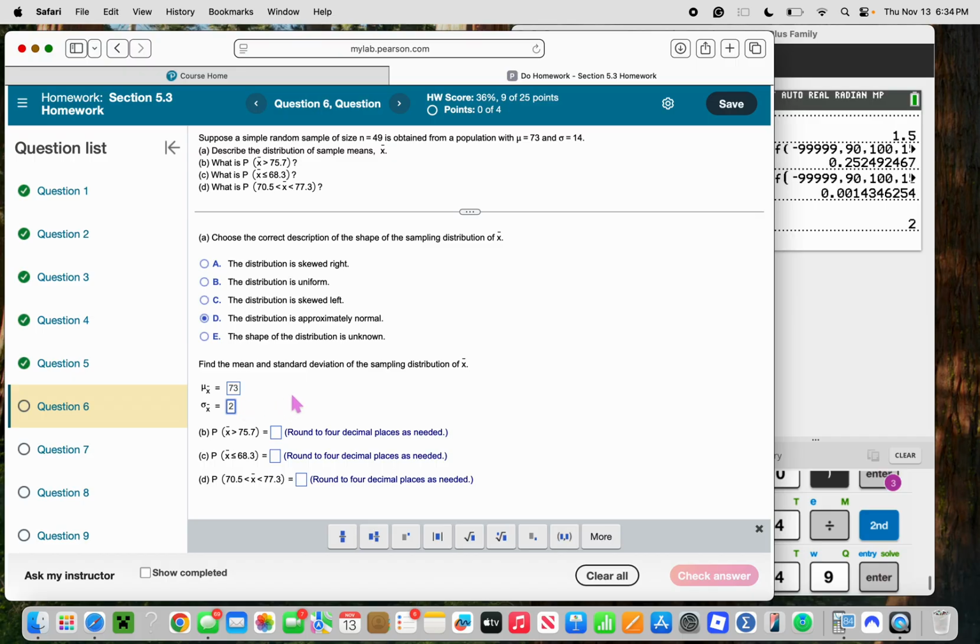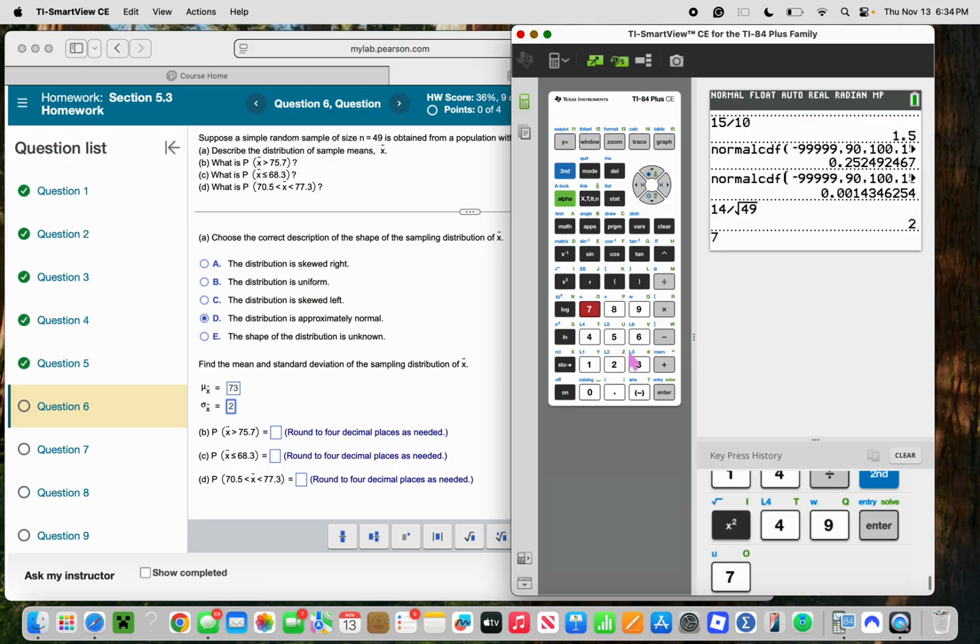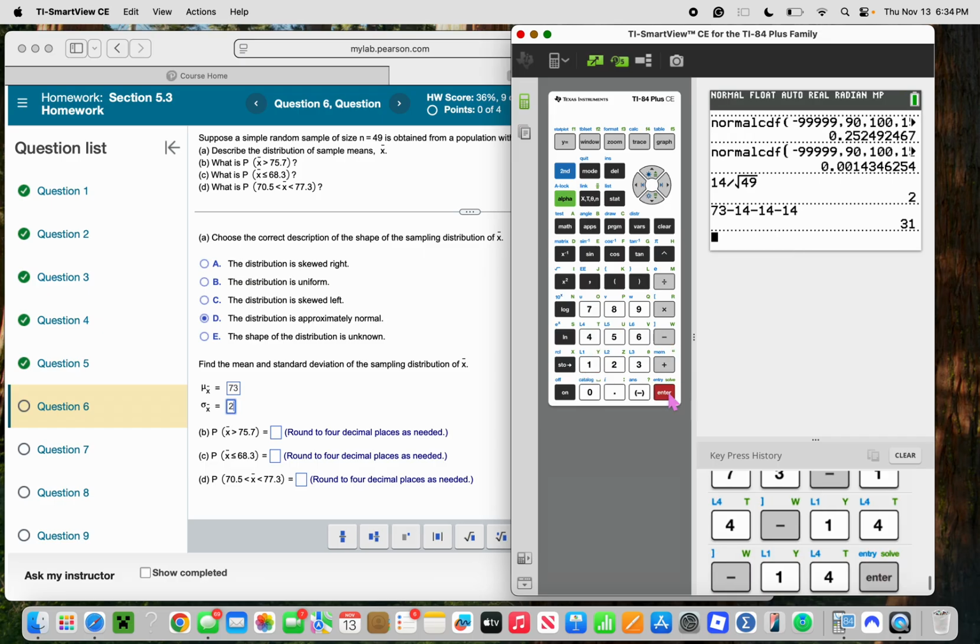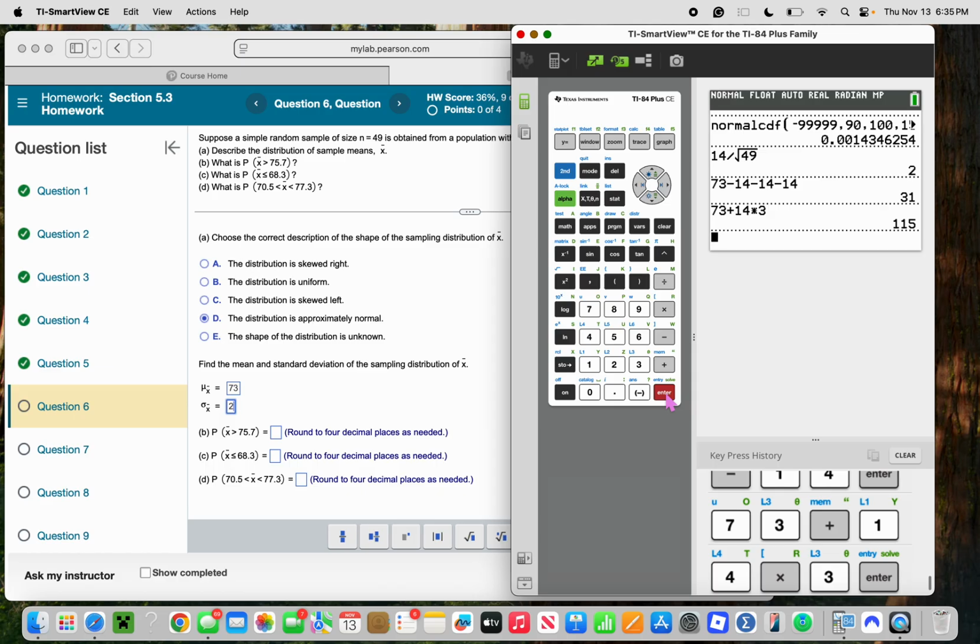So now, instead of going from 14 plus 14 plus 14, so if you look at the range of 3 standard deviations, on the low end, we would be looking at 31, and then on the high end, I'm just going to do 14 times 3 instead of 14 plus 14 plus 14 to 115.